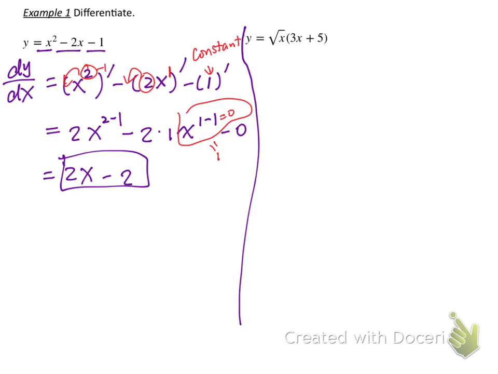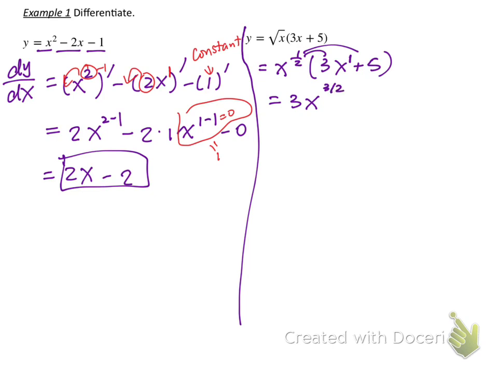instead of considering it as the radical x times 3x plus 5, you can consider it as a polynomial-like function because square root of x is x to 1/2, 3x plus 5, and then you just distribute. This will be 3x, by the way, that's first. When you multiply two powers with the same base, you add the exponents.